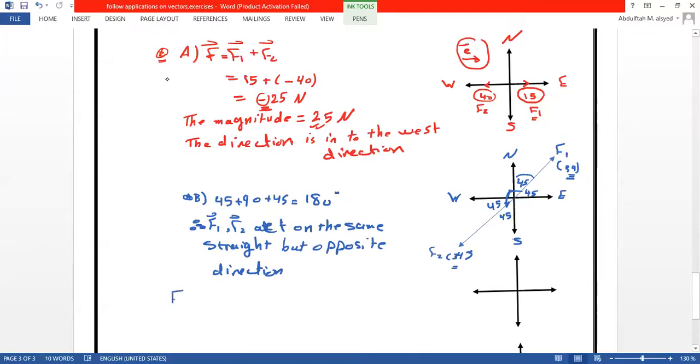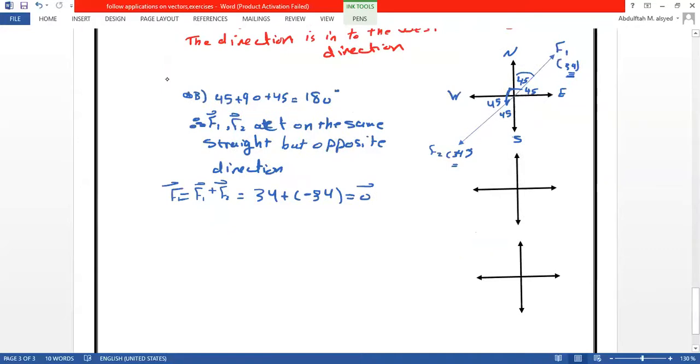The resultant F equals F1 plus F2. One in the same direction plus the other in the opposite direction, and they are equal, so it equals 0. So the system of two forces is at rest.